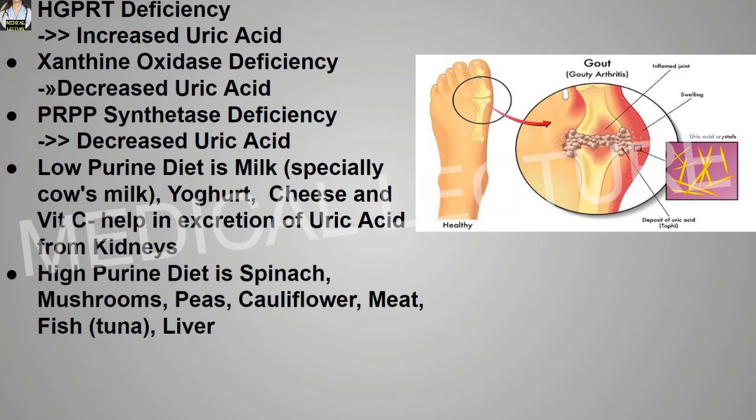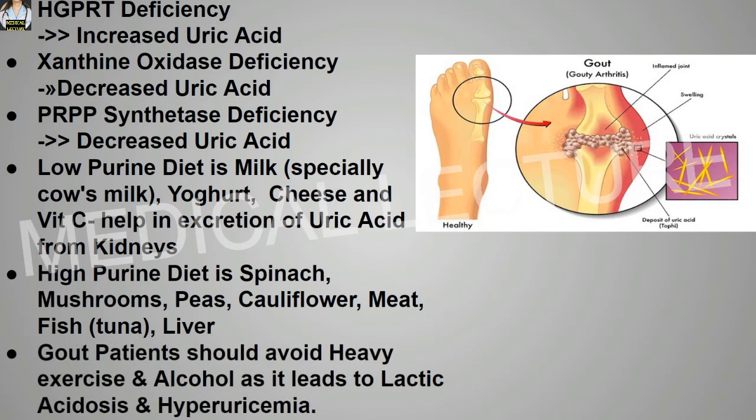High purine foods are spinach, mushroom, peas, cauliflower, meat, fish and liver, and these are avoided in such patients. Gout patients should avoid heavy exercise and alcohol as it leads to lactic acidosis and hyperuricemia. As you can see over here, this is gouty arthritis.